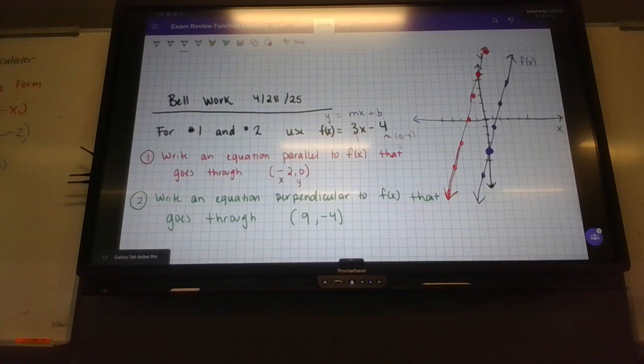Perpendicular. So I was just talking to Vladimir about perpendicular lines having 90-degree angles between them. Parallel lines have the same slope. Perpendicular lines have opposite reciprocal.